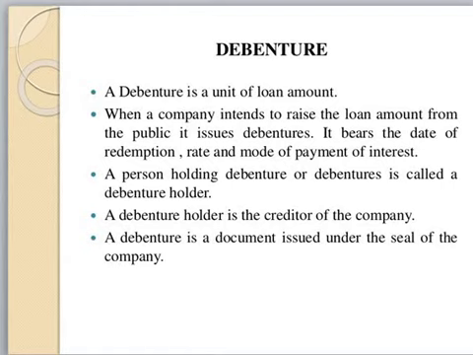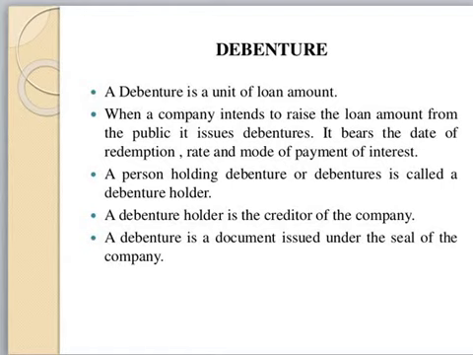This debenture is a document which is issued under the seal of the company. If it is a certificate or document given by the company with its seal, then only will it be a valid debenture. So now I think it is clear.